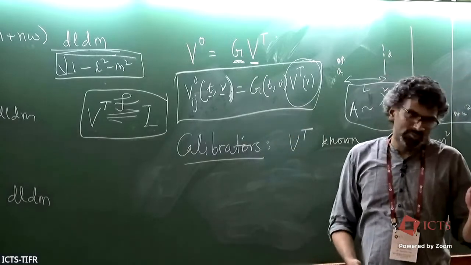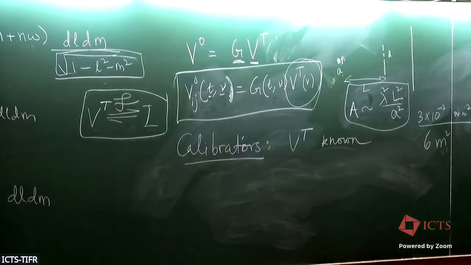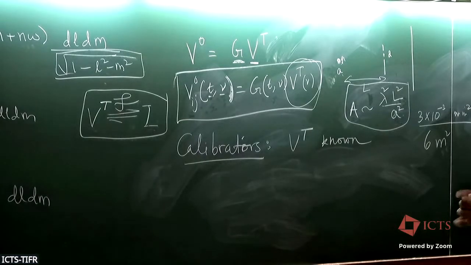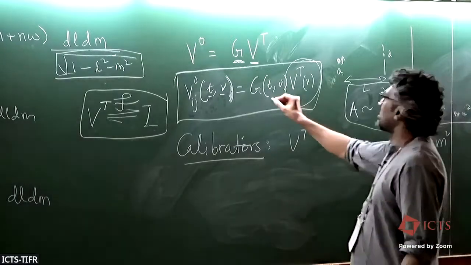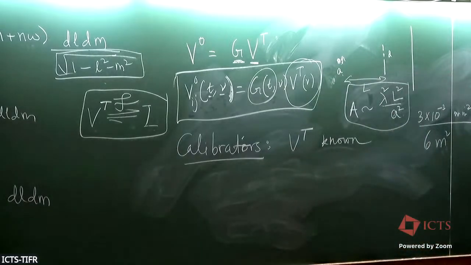You say I will observe now for 5 minutes, then for 30 minutes I will observe my target source, then again for 5 minutes I will observe my calibrator. I will compute the gains in these 5 minutes and interpolate them smoothly in the time in between, assuming that my gains are varying smoothly in time, so that my interpolation is justified.